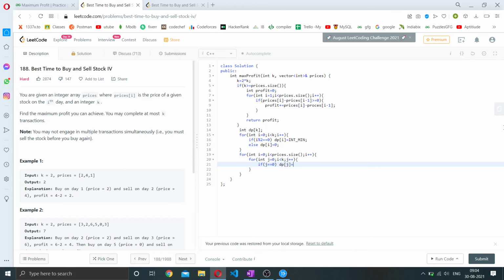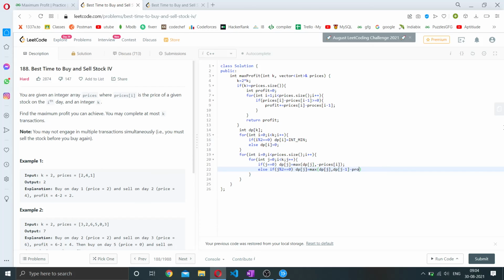So our dp of j will be maximum of dp of j and minus prices of i. Else if j modulo 2 equals to 0, then our dp of j will be maximum of dp of j, and we have the current money, that will be dp of j minus 1.